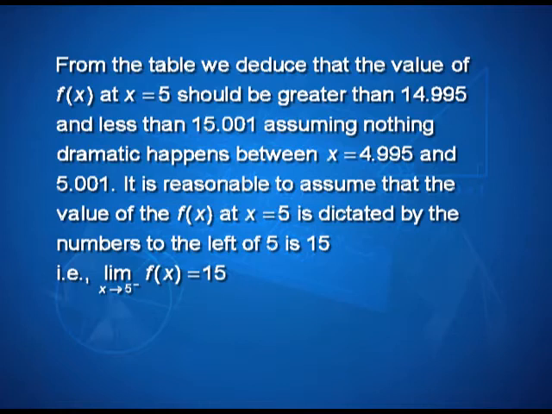Assuming nothing dramatic happens between x is equal to 4.995 and 5.001, it is reasonable to assume that the value of the function f of x at x is equal to 5, as dictated by the numbers to the left of 5, is 15, that is, limit f of x when x tends to 5 minus is equal to 15.